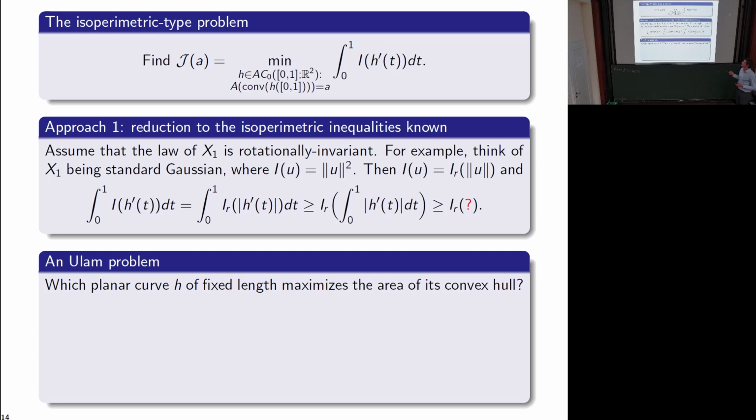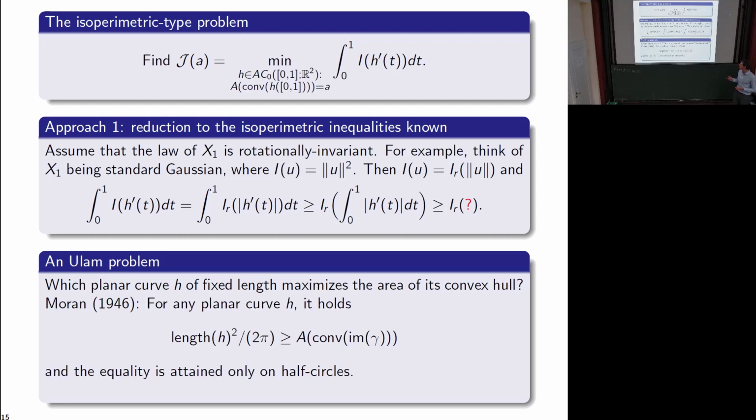And then this transfers into what is known as one of Coulomb's problems. What is a planar curve of fixed length which maximizes the area of its convex hull? Of course, the answer is what you expect. It is a half circle.